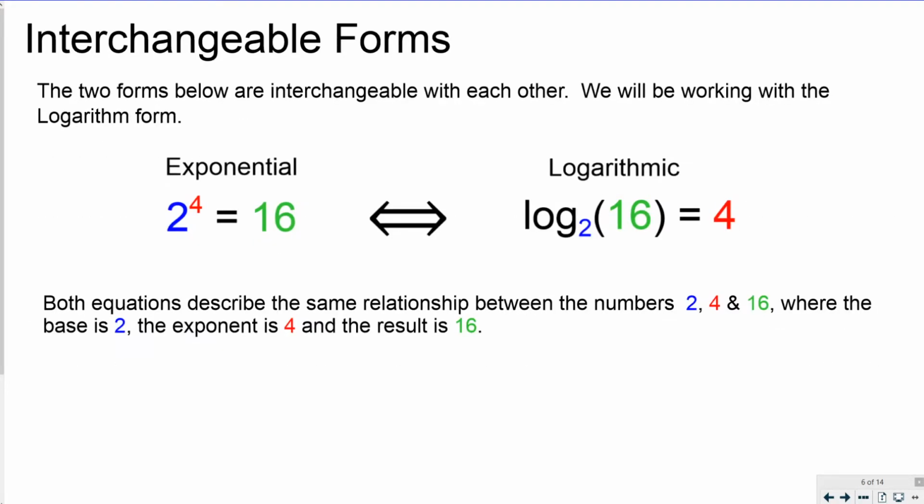So we have interchangeable forms. The two forms below are interchangeable with each other. We will be working with the logarithmic form as well as the exponential form, but it's important to understand that when we write something in the logarithmic form, we are writing an equivalent expression in exponential form. 2 raised to the power of 4 equals 16.